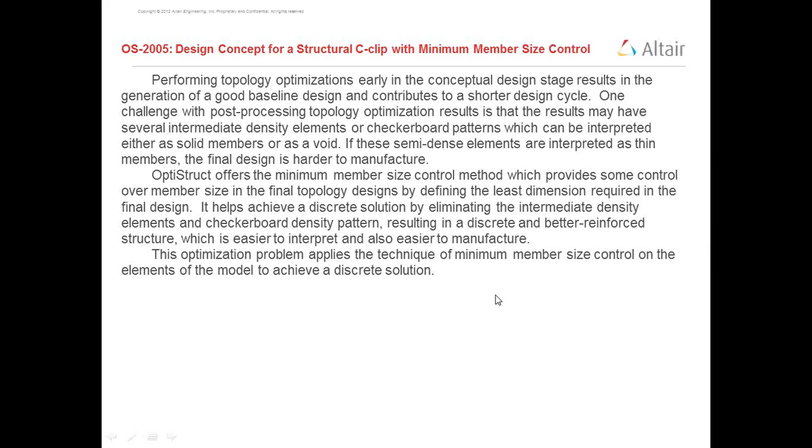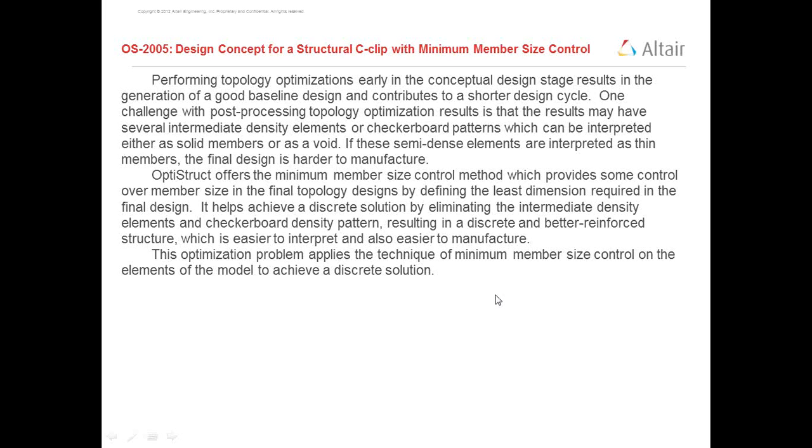One challenge with post-processing topology optimization results is that the result may have several intermediate density elements or checkerboard patterns, which can be interpreted either as solid members or as void. If these semi-dense elements are interpreted as thin members, the final design is harder to manufacture.